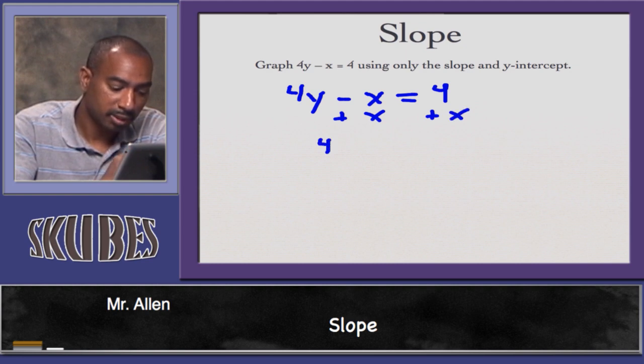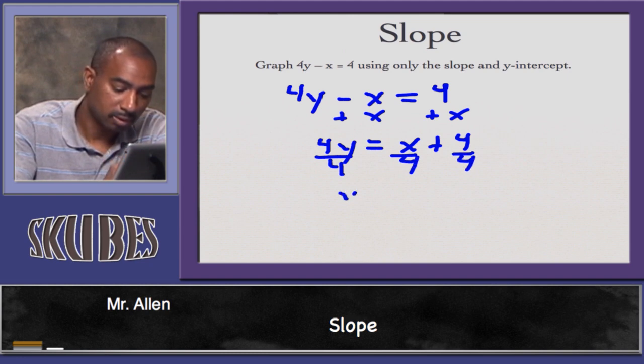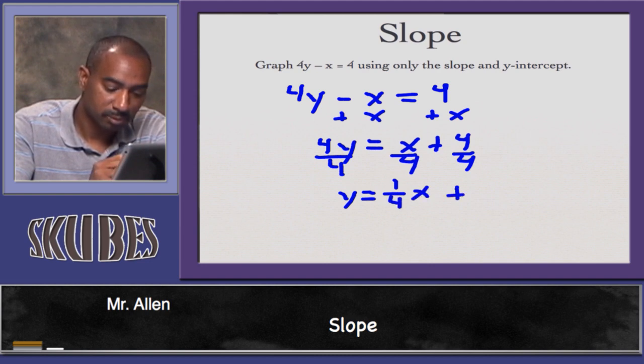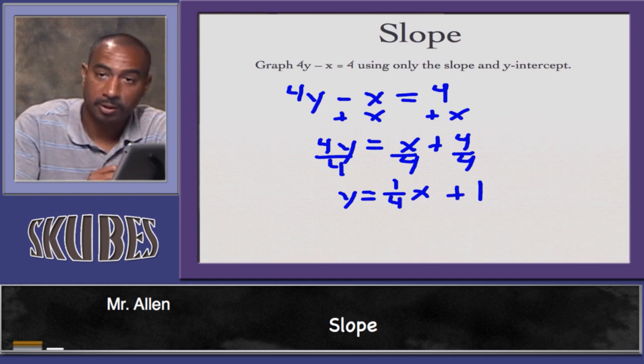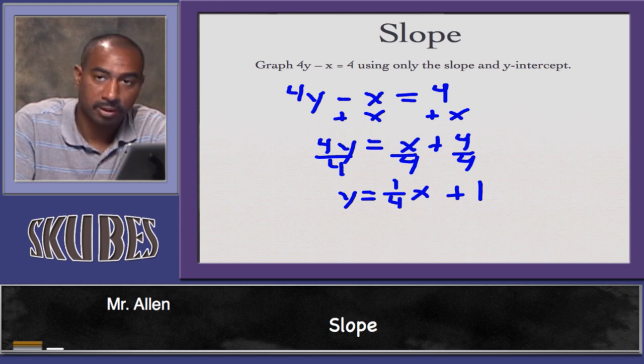So you get 4y equals x plus 4. And if I divide both sides by 4, I get y equals x over 4, which is the same as 1/4 times x plus 1. So we know our slope is 1/4 and our y-intercept is 1.